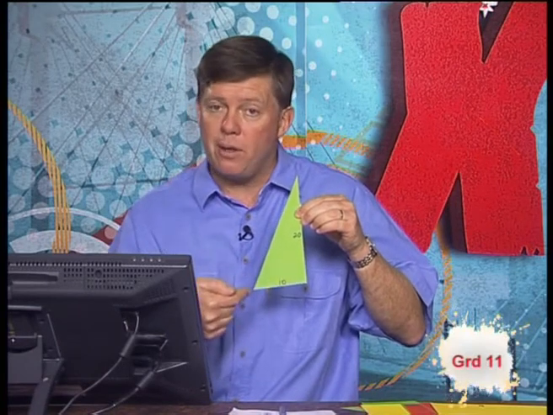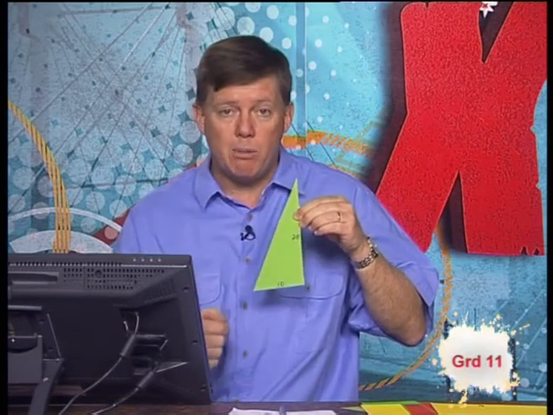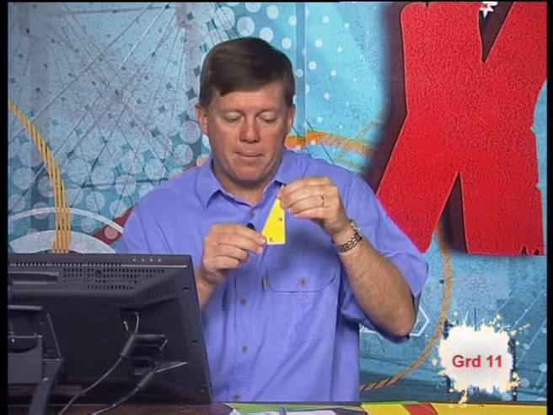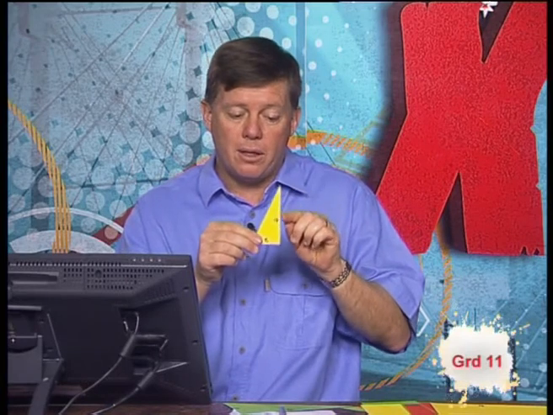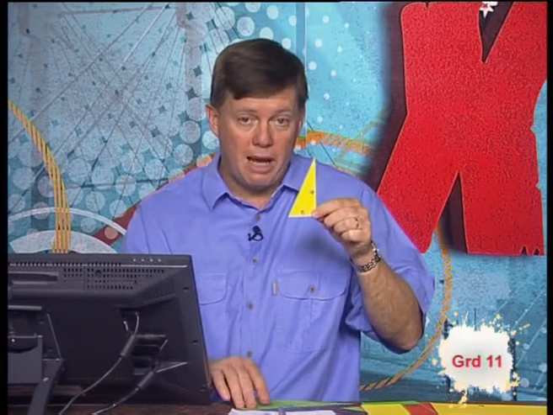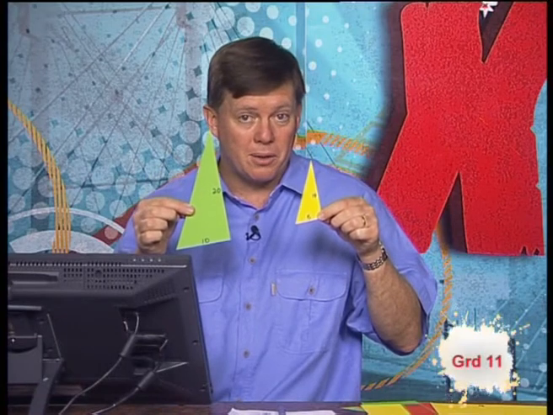So a half times 10 times 20 gives us 100 square units. Let's have a look at the little one. A half times the base times the height. A half times 5 times 10 to give me 25. 25 square units as opposed to 100 square units.